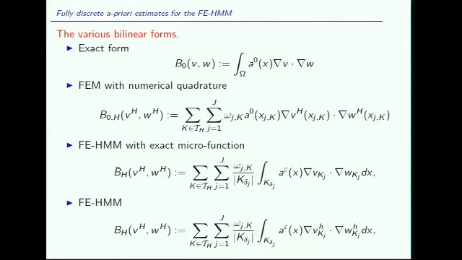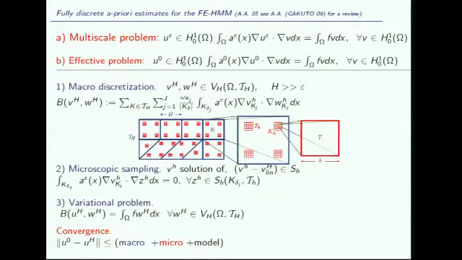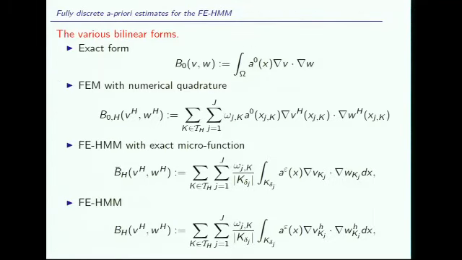That's standard. This bilinear form B bar H is exactly the bilinear form that I defined before, but you see I didn't put a small h here, so I assume that the micro calculations are exact. And finally we have the fully discrete multiscale method, where you have the parameter capital H here and the small parameter h here.